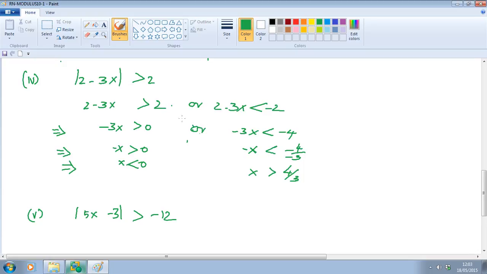So this is the point you have to figure out: what do you mean by minus x. The sign changes, you see. When minus x is greater than 0, x is less than 0. How does it happen?